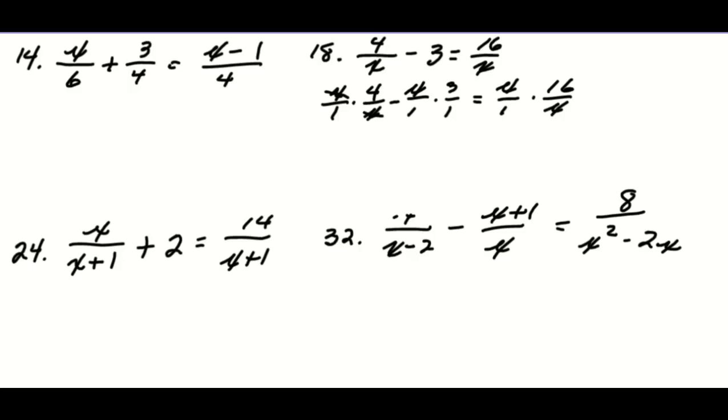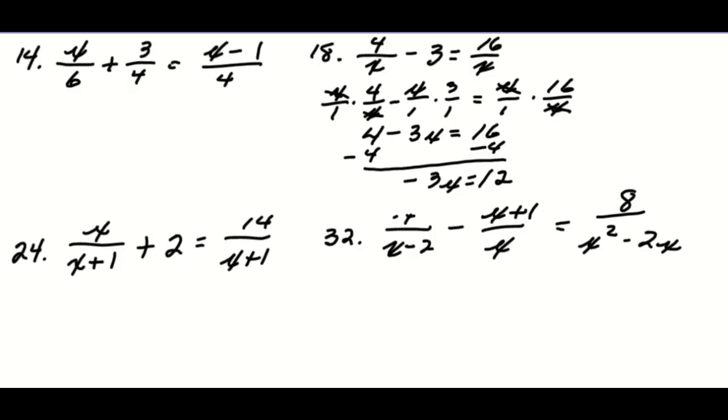So these cancel out and I get 4. In this particular case, now I'm going to take x times 3. I'm going to get negative 3x. And then those x's cancel there, and what I get is 16. Now if I subtract 4 from both sides, what I get is negative 3x equals 12.